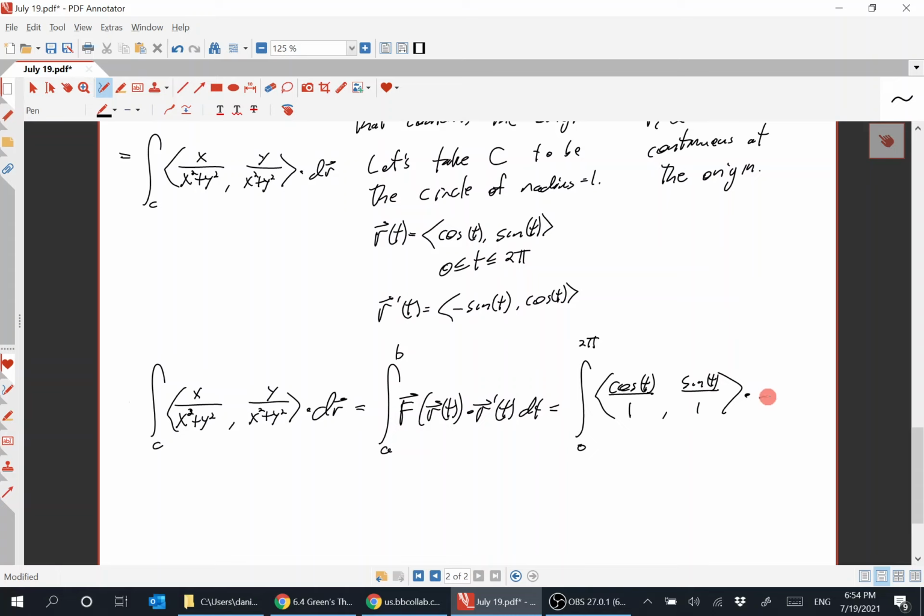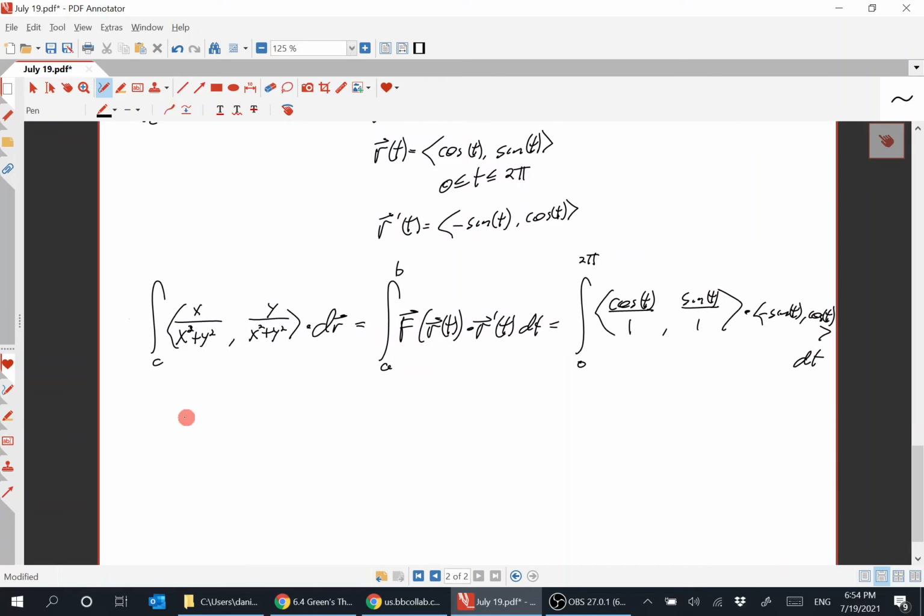Dot r prime of t, minus sine of t, cosine of t, dt. So this is equal to the integral from 0 to 2 pi of minus cosine t sine t plus cosine t sine t dt, which is 0.